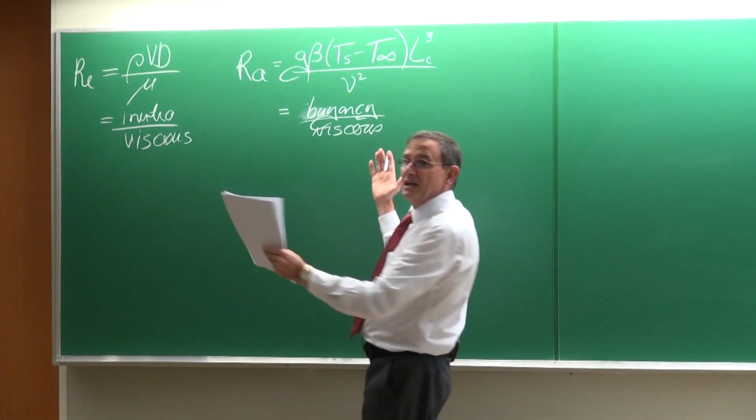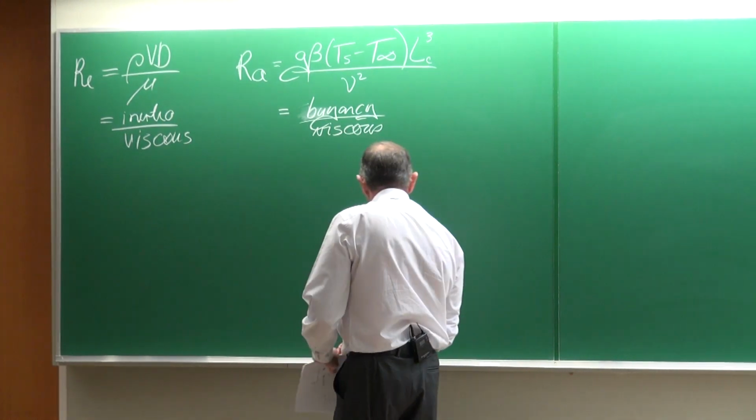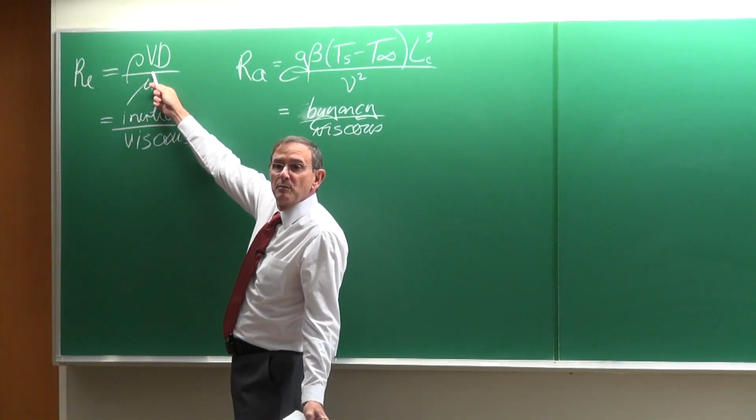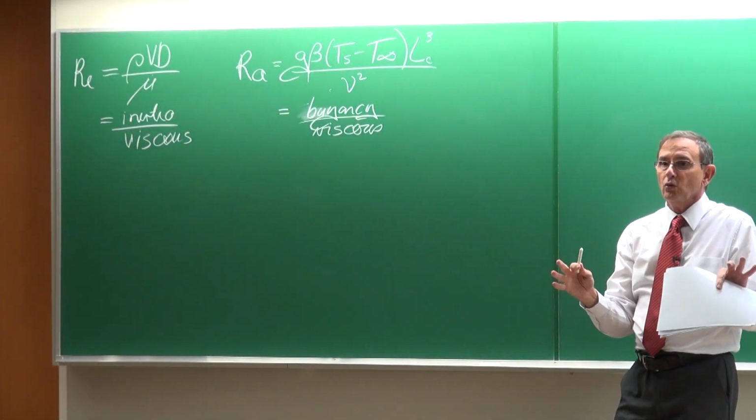So they represent different things, and the very important thing that you should notice is that in the Reynolds number we've got velocity. In the Grashof number there's no velocity at all.